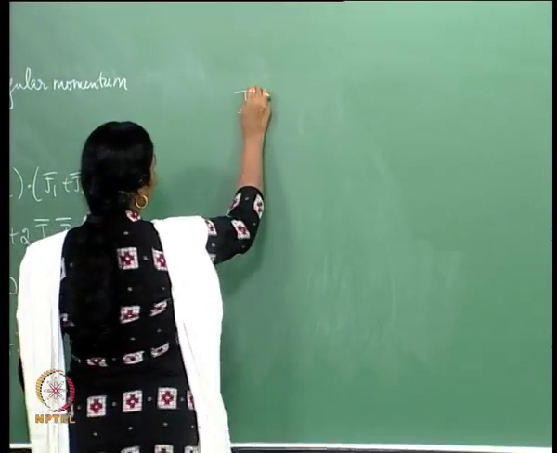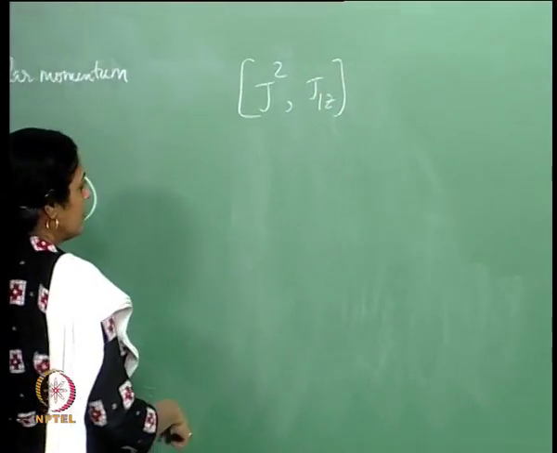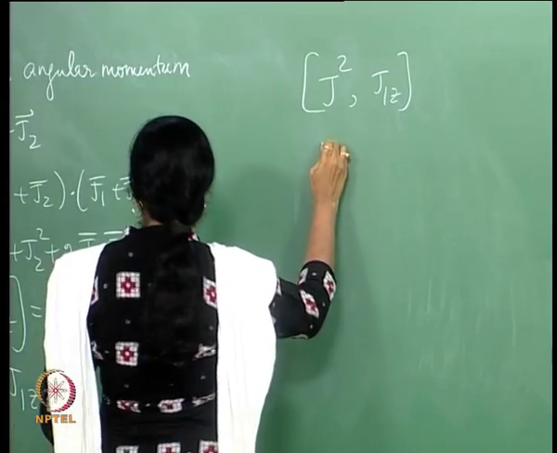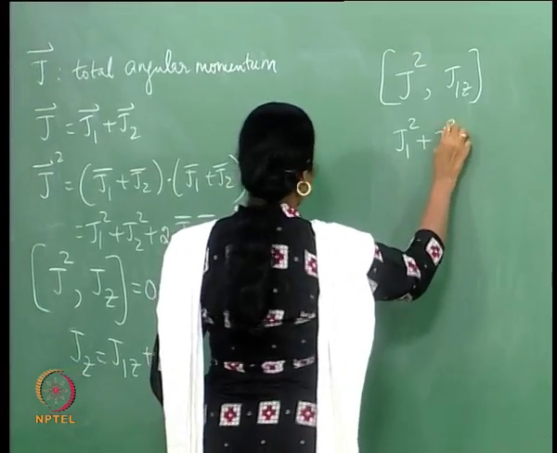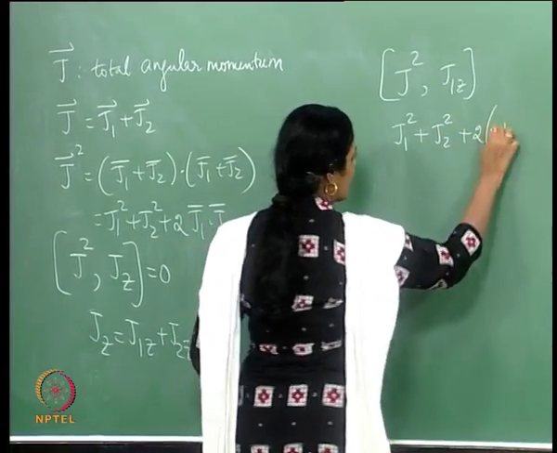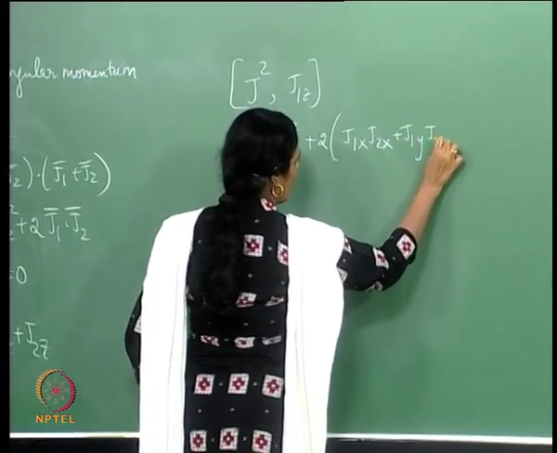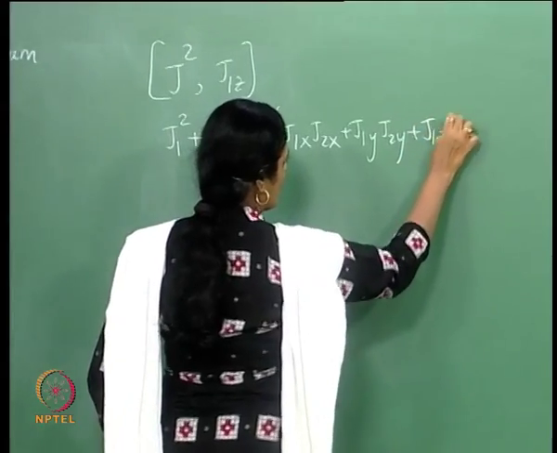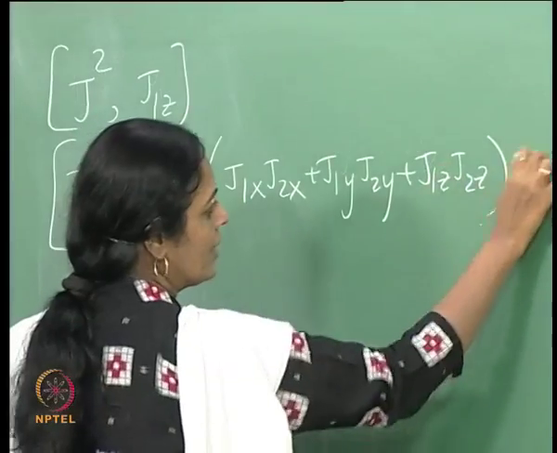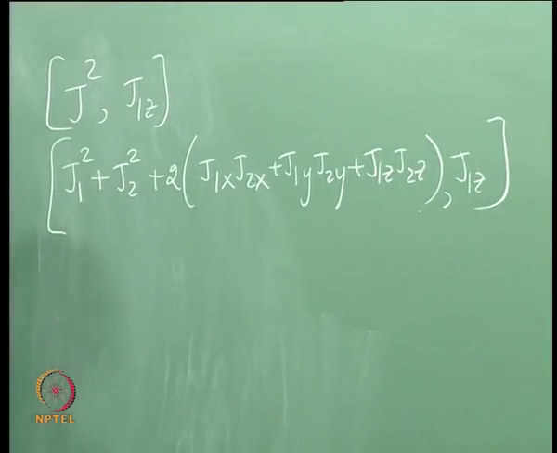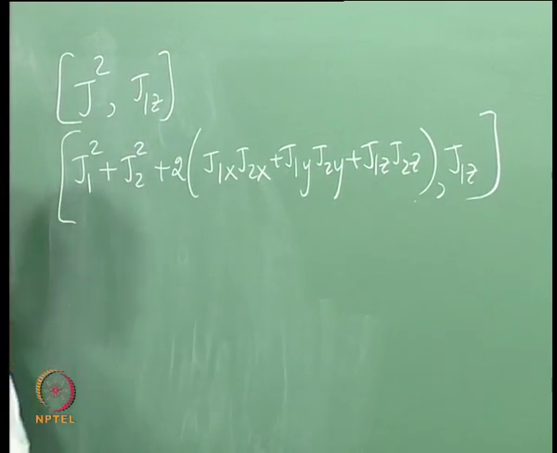Look at the following: j squared commutator with j1z. So this is the same as j1 squared plus j2 squared plus twice j1x j2x plus j1y j2y plus j1z j2z. This is j squared, and we wish to find the commutator with j1z. j1 squared certainly commutes with j1z.